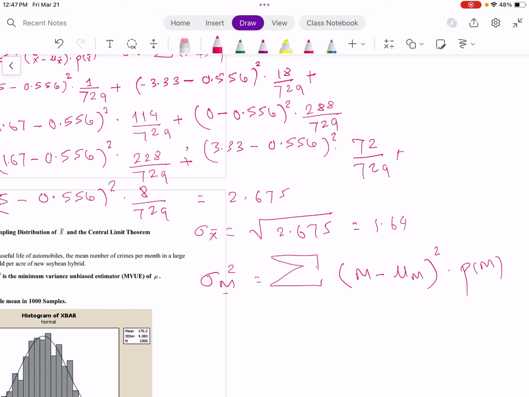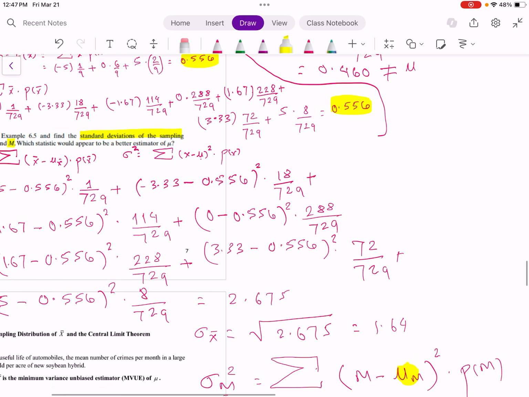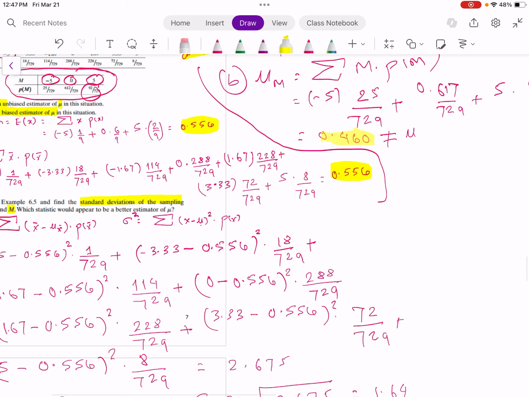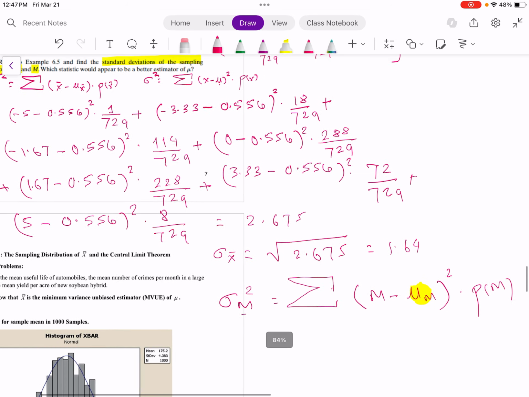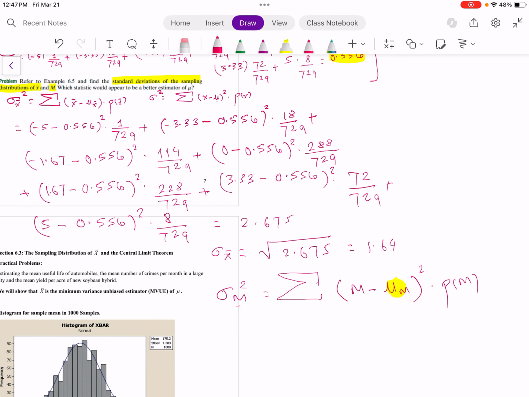The mean of the median would be 0.460. Yes, so here mu, you are using mu of that table, which is mu of m, and that is 0.460. So this is what we're going to use. And once you find the standard deviation, which statistic are you going to pick?